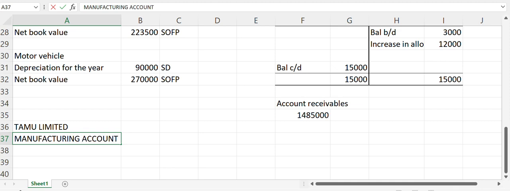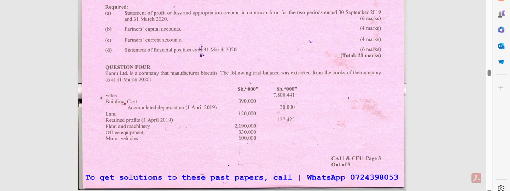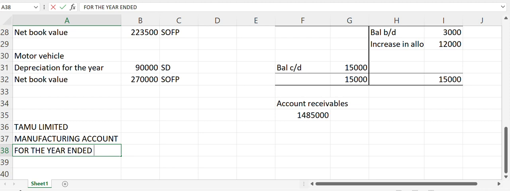Manufacturing accounts for the year ended 31st March 2020.